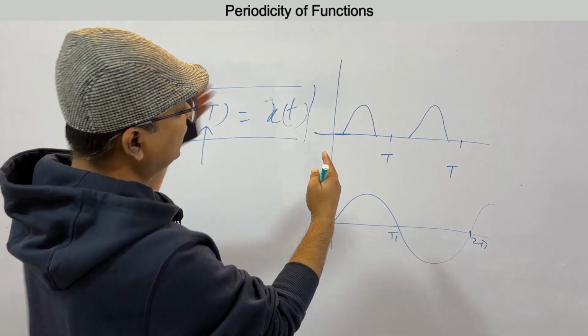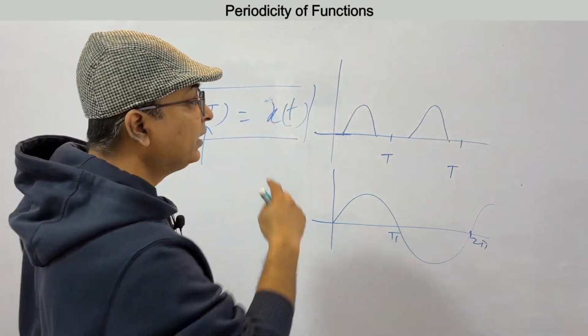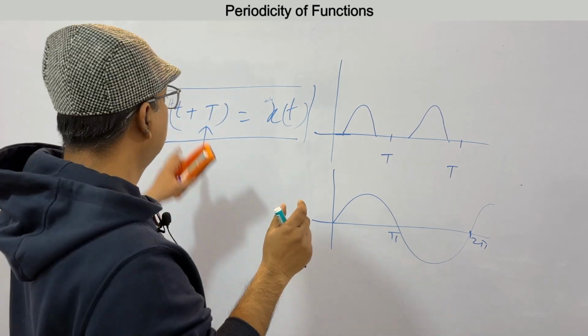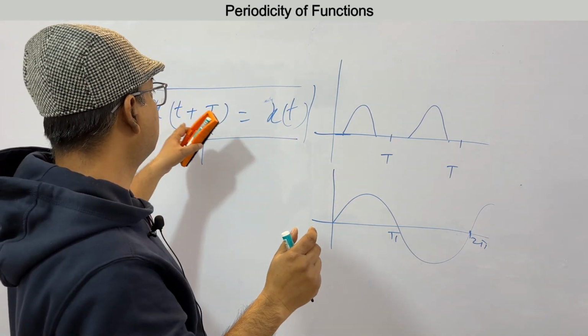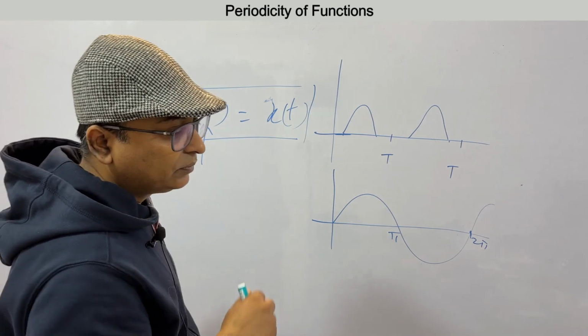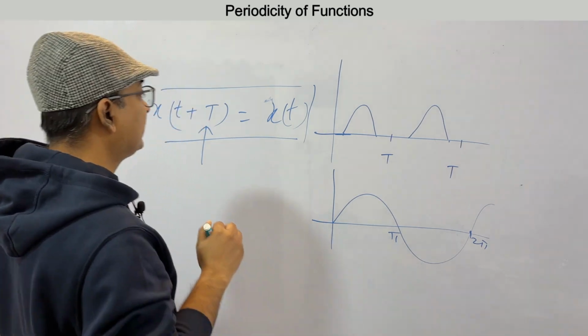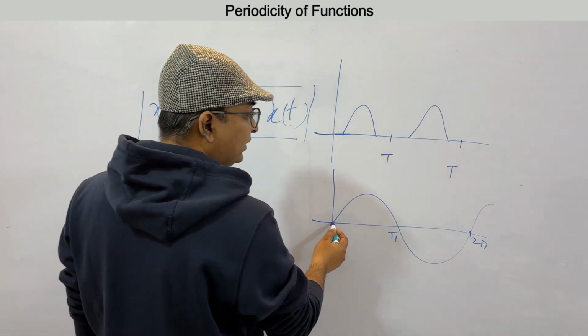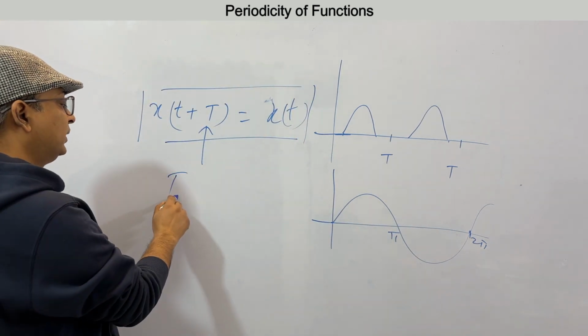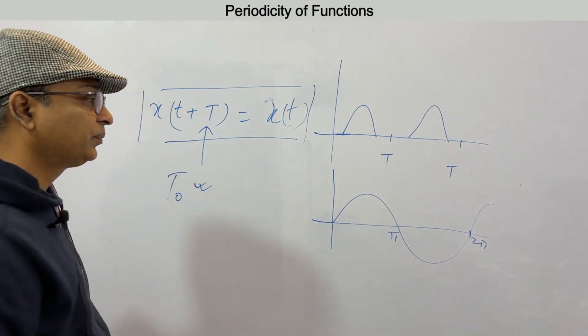So these all are time periods, but the lowest time period for which x(t+T) equals x(t) holds true is called the fundamental time period, and the reverse of time period is the frequency. So in case of sine and cosine, this is 2 pi. Okay, clear what is T, what is fundamental time period, T0.